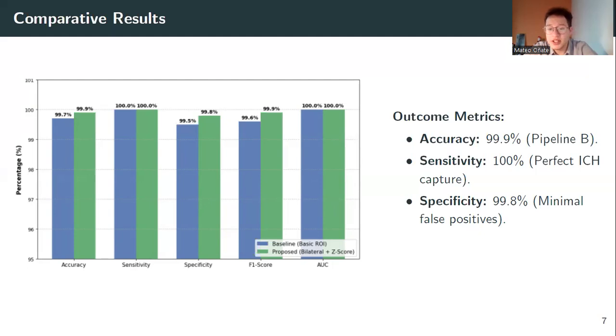In a clinical emergency setting, missing a single case is unacceptable. The proposed pipeline ensured perfect capture of pathological cases while significantly reducing false positives, achieving a specificity of 99.9%. This proves that a robust engineering approach can achieve expert-level performance even with heterogeneous hospital data.